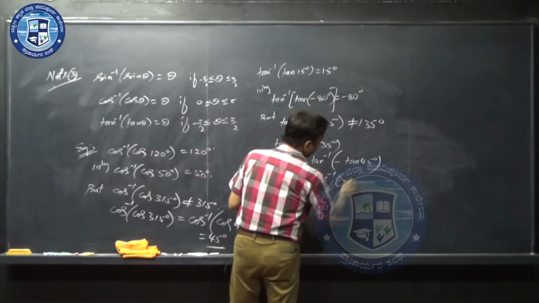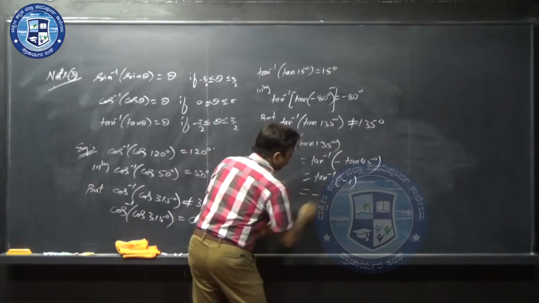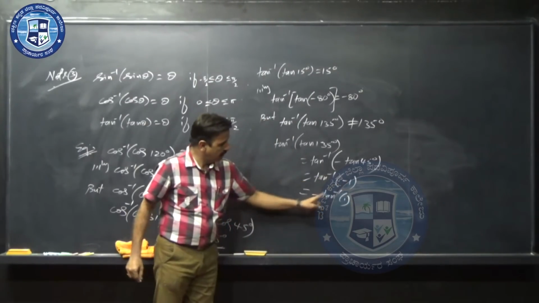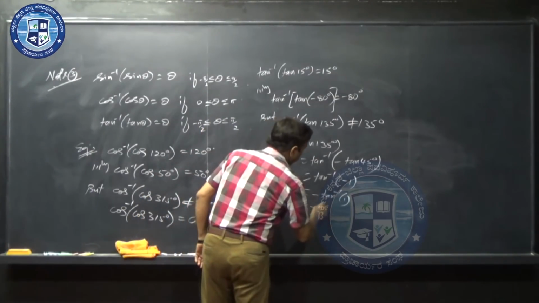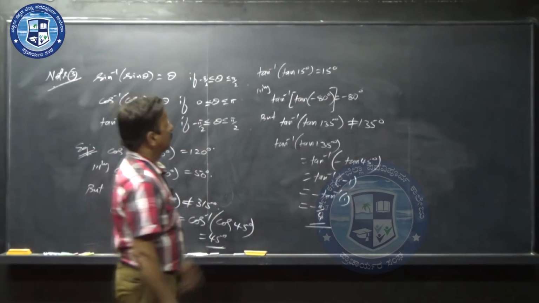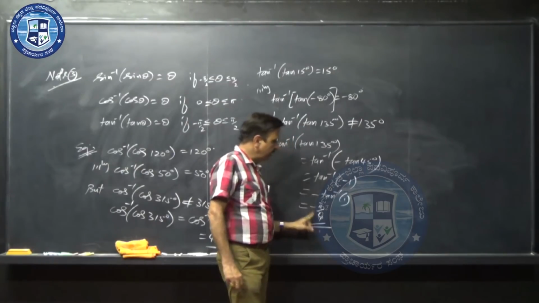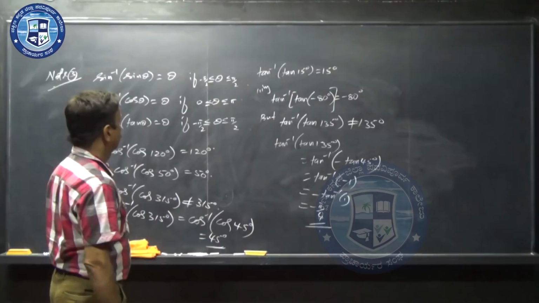One is tan inverse of minus 1, which is equal to minus pi by 4, or you can write minus tan inverse of 1, since tan inverse of minus k is minus tan inverse k, which is equal to minus pi by 4, minus 45. So, tan inverse of tan 135 is not 135 degree; the answer is minus 45 degree. Come on, write it down.